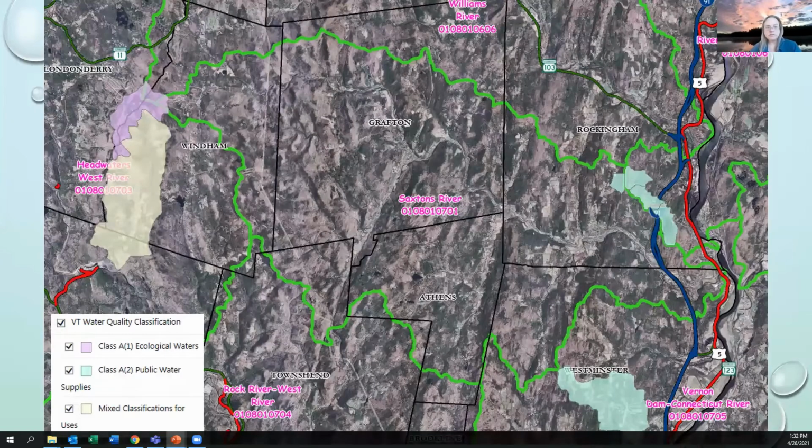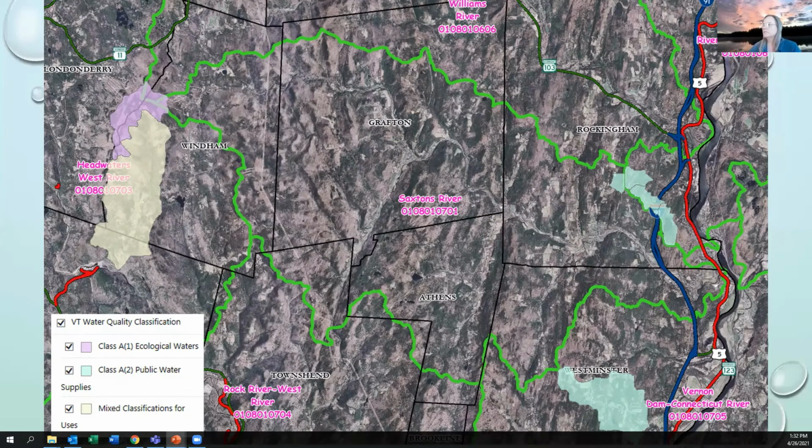So this is the Saxtons River Watershed, and the purple and the tan and the blue areas are the waters that are already reclassified or classified in one of those A1s or A2s, and you can see there's not much. This tiny little tip of the headwaters, and this, oh, I just froze again.